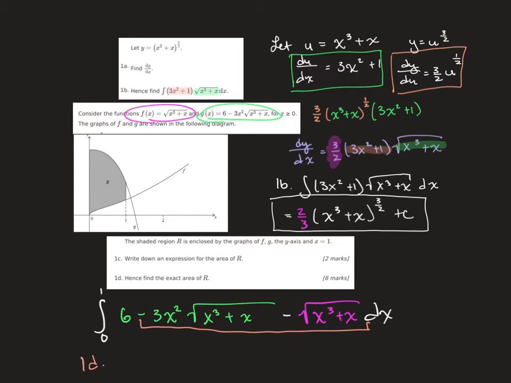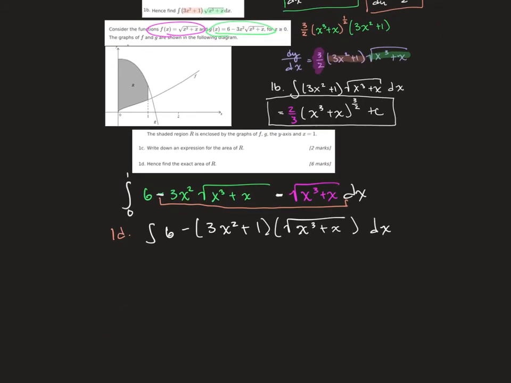I'm going to rewrite this as 6 minus, and that minus is just taking care of this minus and that minus. And then here, 3x squared plus 1 times the square root of x cubed plus x dx. And then things are way better for us because now we know how to deal with this.